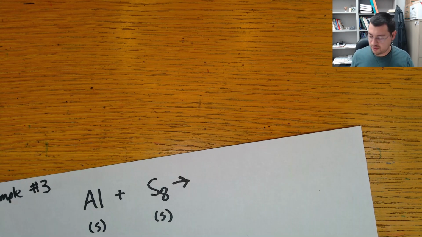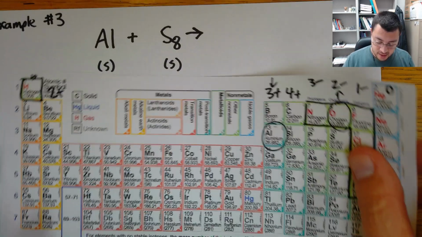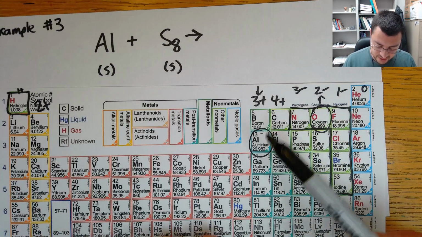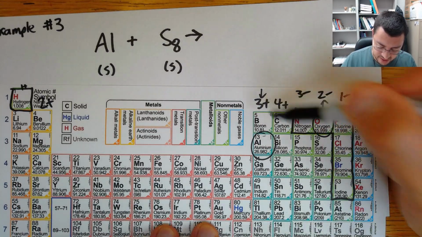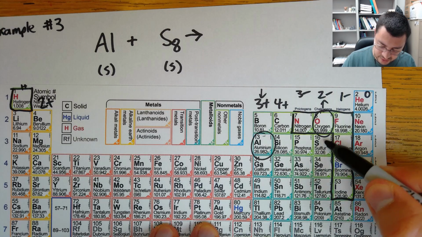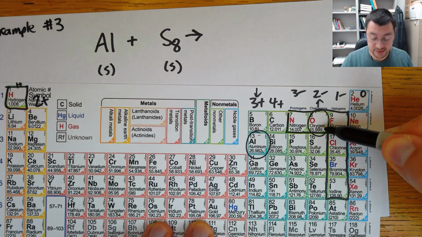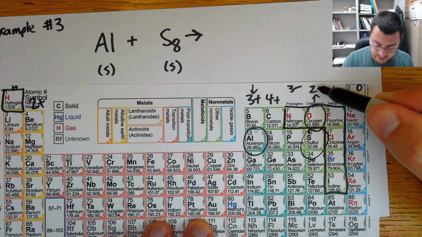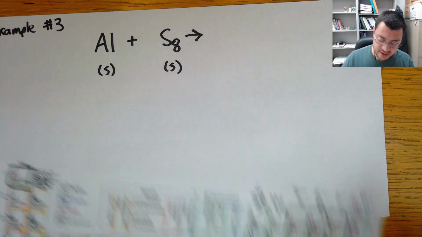So in other words, we have to go to the periodic table again. We have aluminum again, so that's going to be a 3+, and then sulfur is in the same column as oxygen, so it's going to be a 2-.